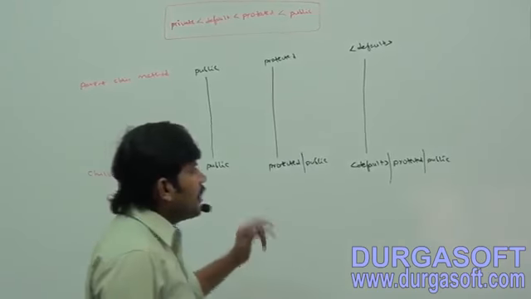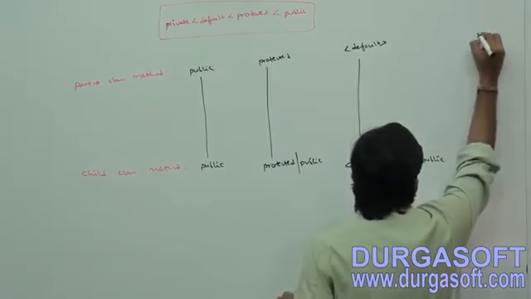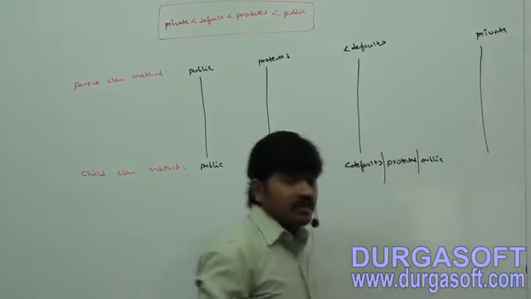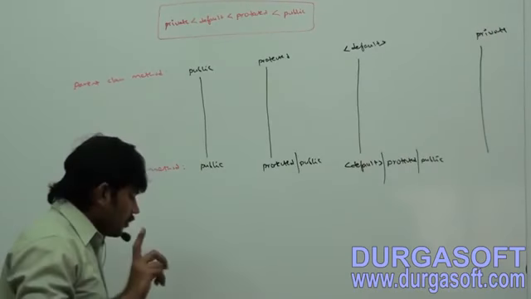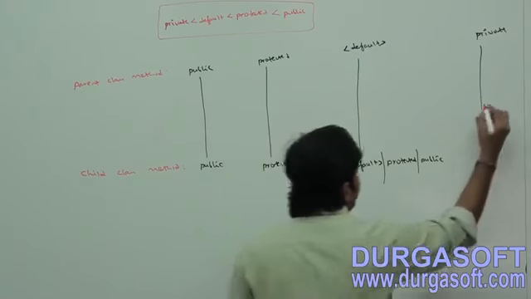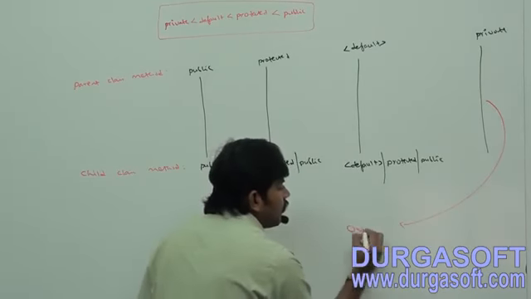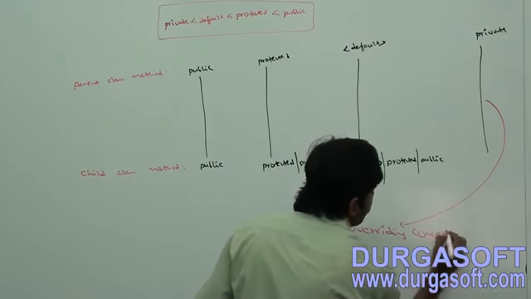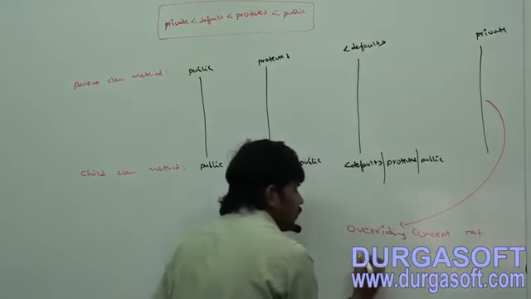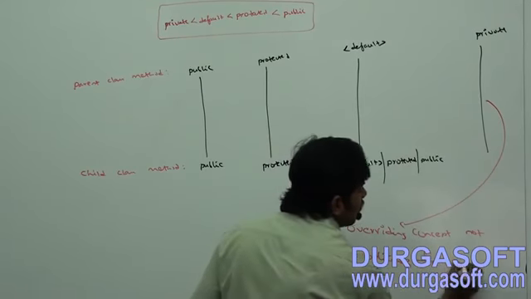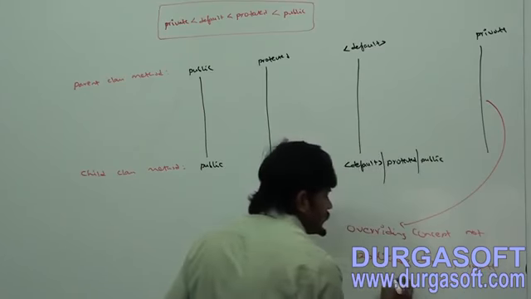Next, if the parent class method is private, what about the child class method? Don't use the word overriding. The overriding concept is not applicable for private methods.